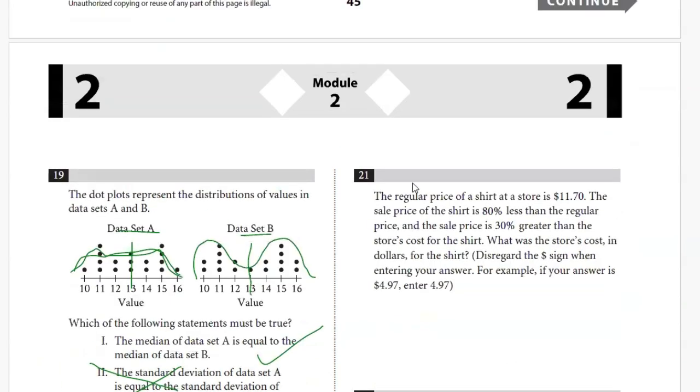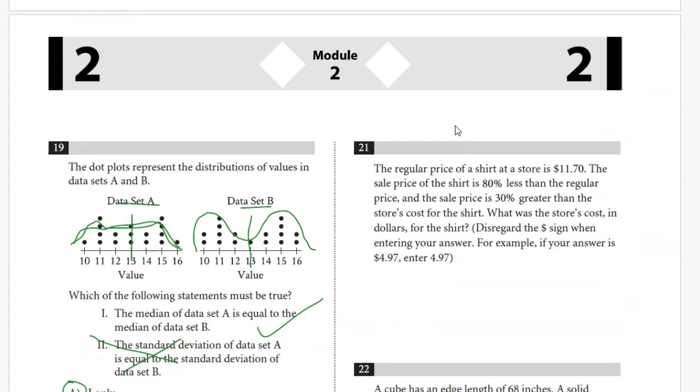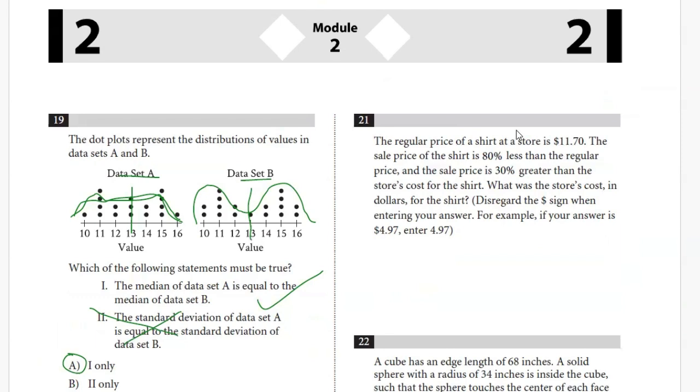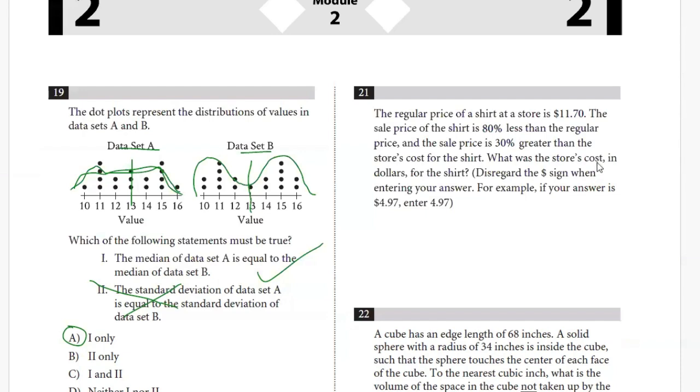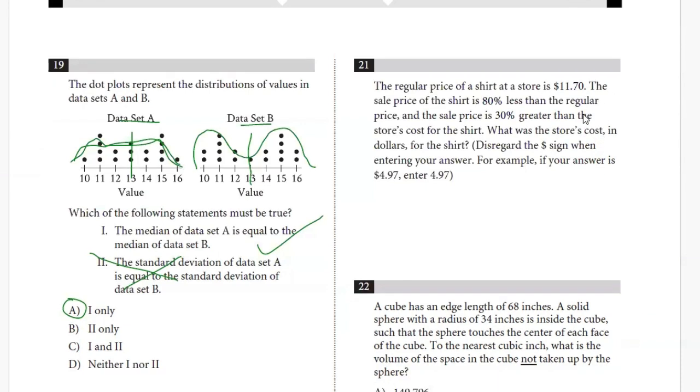Okay, question 21. The regular price of a shirt at a store is $11.7. The sale price of the shirt is 80% less than the regular price, and the sale price is 30% greater than the store's cost for the shirt. What was the store's cost in dollars for the shirt? Okay, so sale price.